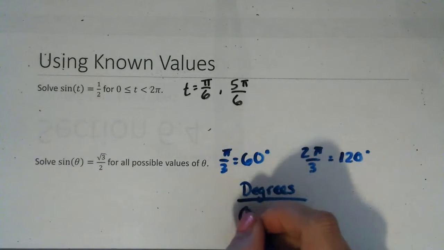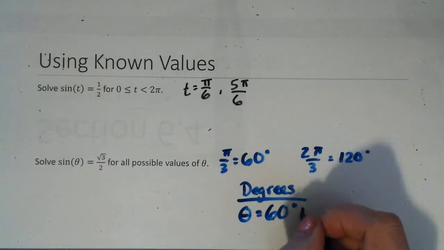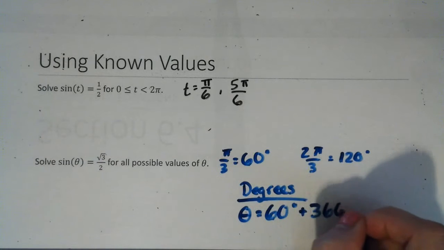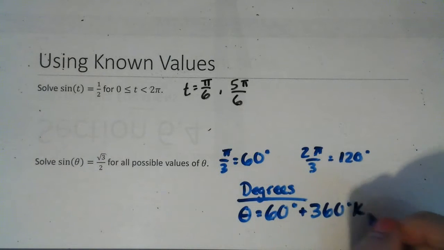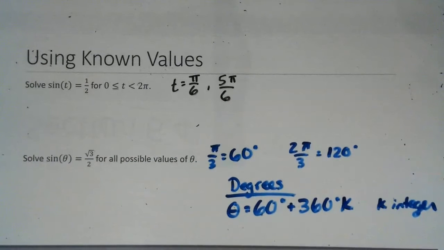In degrees, theta can be equal to 60 degrees plus 360 degrees times k, where k is an integer. What that's saying is go to your 60 degrees, then you can go around the circle 360 degrees however many times you want in either direction.